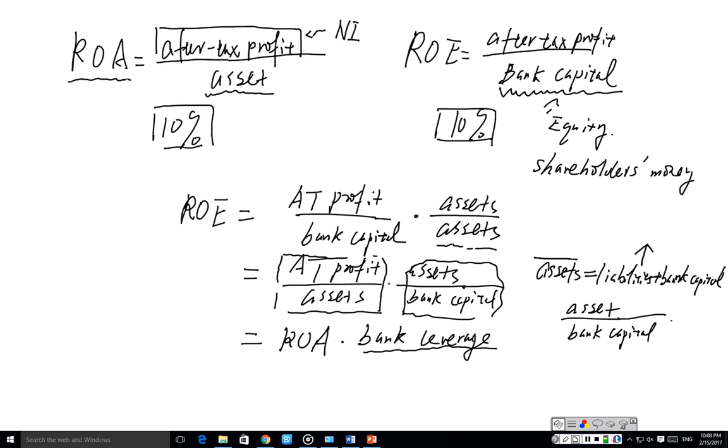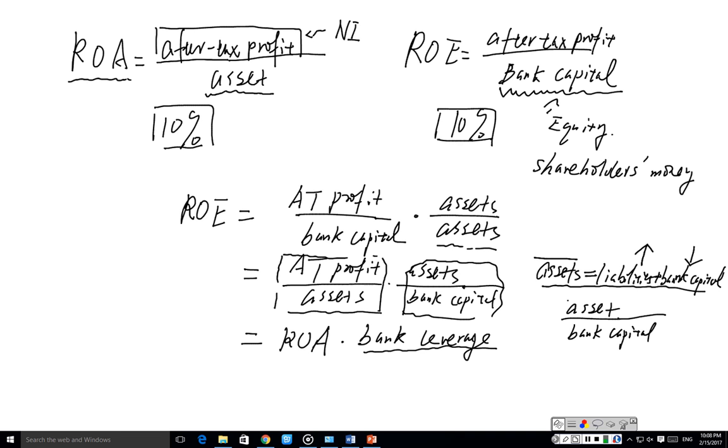Is this ratio going up or going down? Again, from this equation here, if the bank relies more on liability and asset remains the same, bank capital has to reduce to keep both sides of this equation equal to each other.